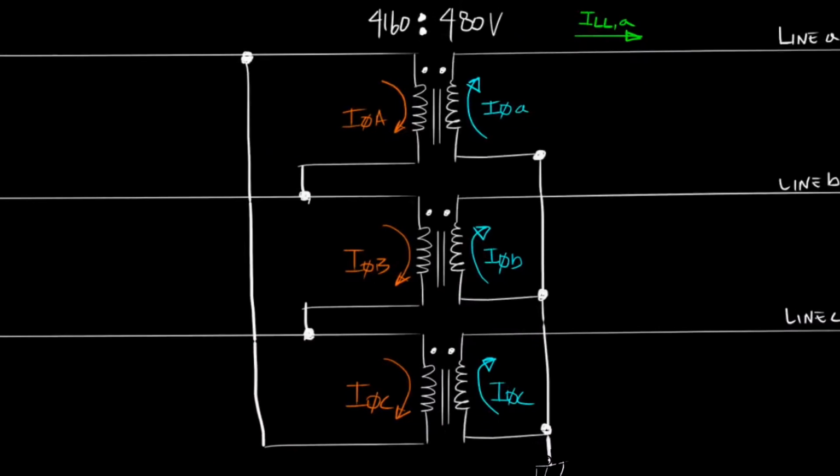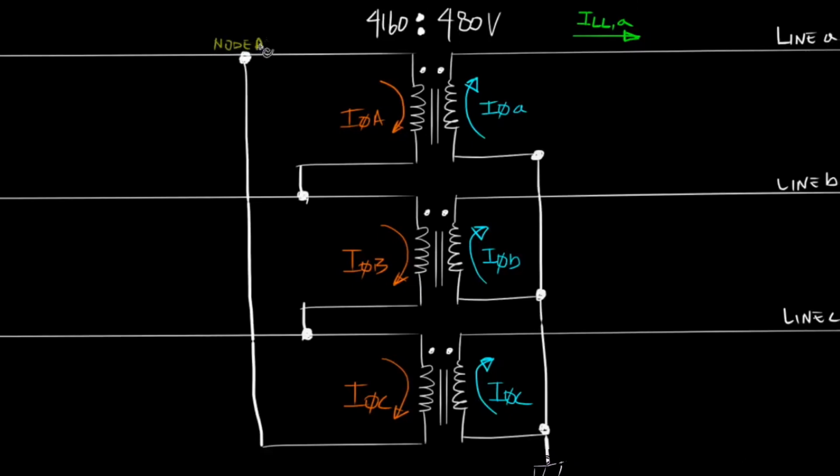However, for the delta-connected transformer, we don't have the same one-to-one relationship between line currents and phase currents. To understand this relationship, let's label a few things to be very clear and very concise.